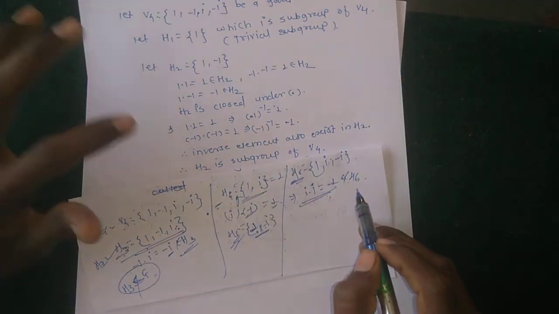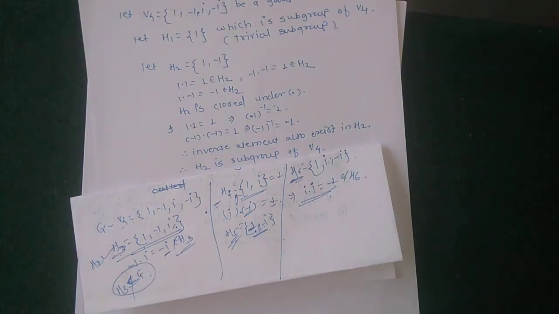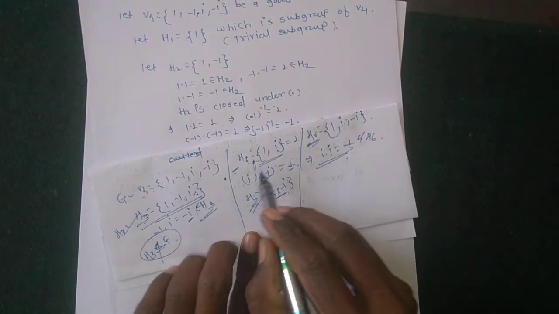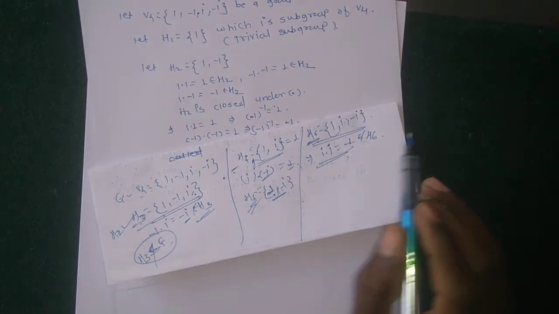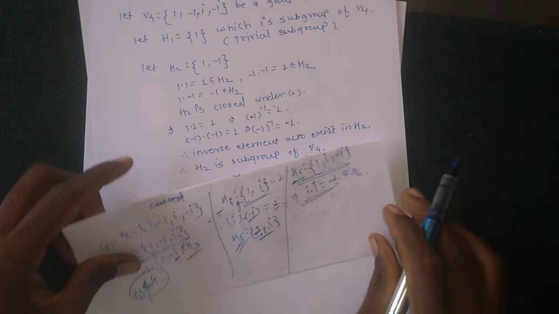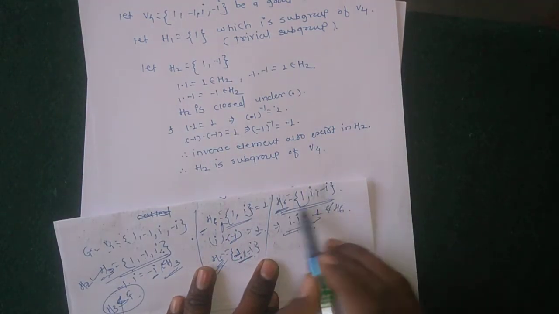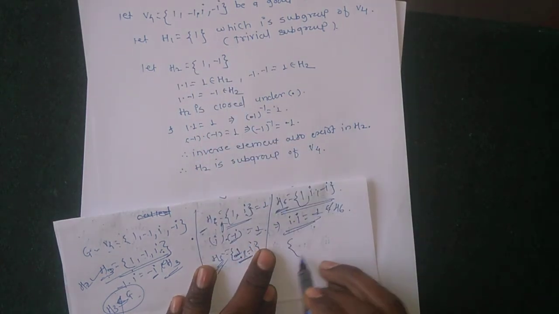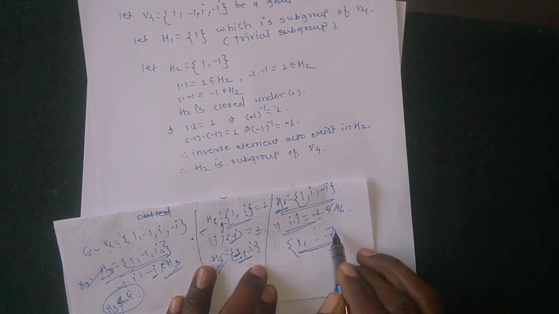So any subset of V4 containing 3 elements is not a subgroup, because it is not closed under the given binary operation. Whichever subset containing 3 elements we choose, it is not closed.